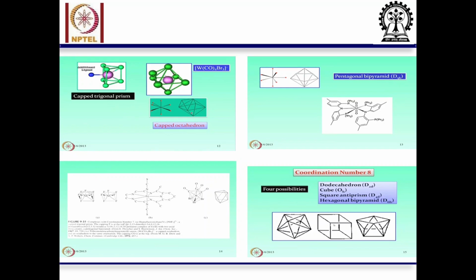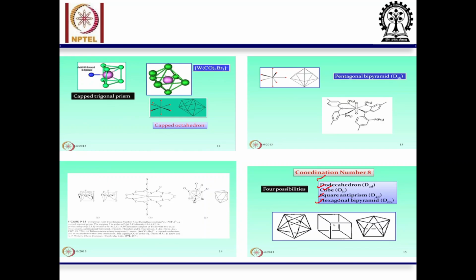Here, first of all, this belongs to coordination number 8. So we have four possibilities: the dodecahedron, cube, square antiprism, and hexagonal bipyramid.